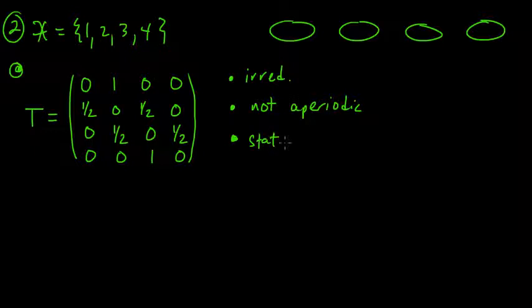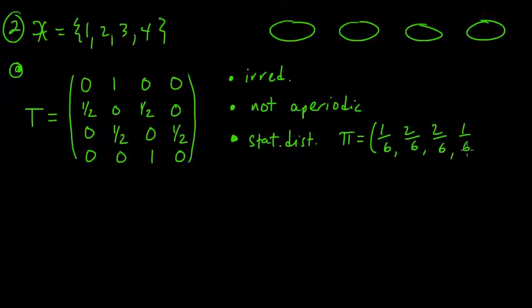And let's think about the stationary distribution. So I worked all this out ahead of time. And this one, it turns out, has the following stationary distribution: 1/6, 2/6. So this is just a simple algebra exercise, not abstract algebra or anything, just middle school algebra.